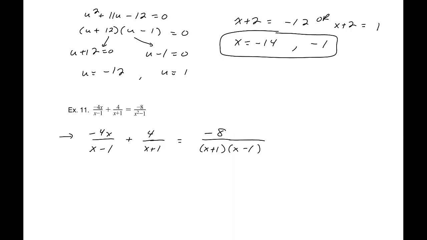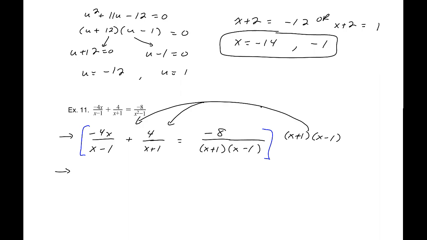What we're going to do is clear our fractions. I'm going to multiply every expression in this by the least common multiple of my denominators. In this case, that is x plus 1 times x minus 1. When I distribute that, I'm going to multiply them in the numerators.